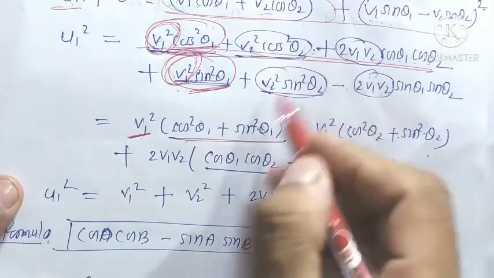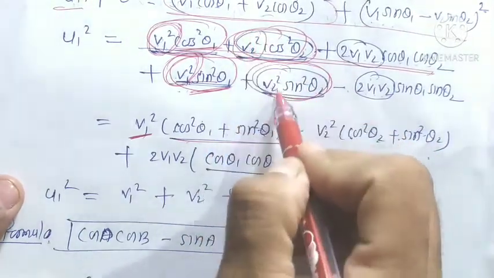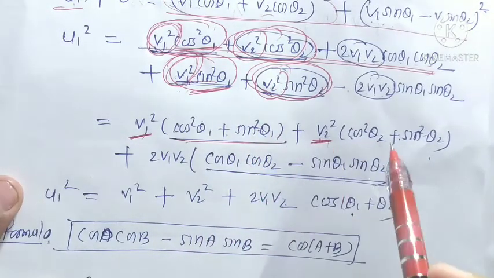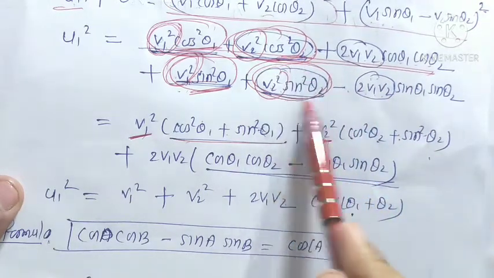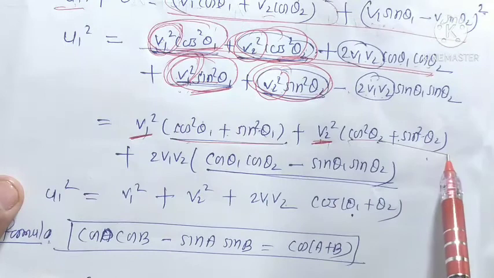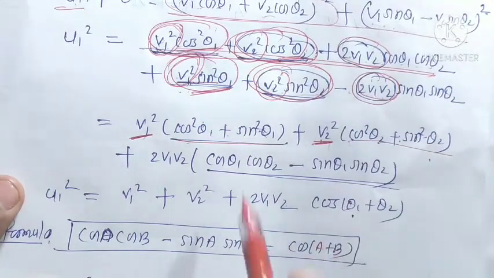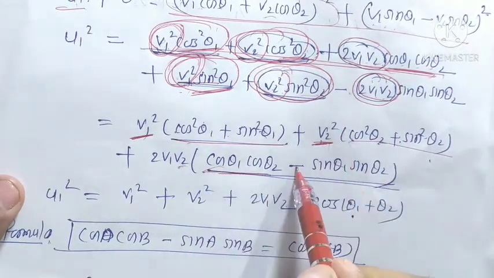After that we take the next two terms and take v2 square common. What is left inside the bracket is cos square theta 2 plus sin square theta 2. And we take 2 v1 v2 common, leaving cos theta 1 cos theta 2 minus sin theta 1 sin theta 2.